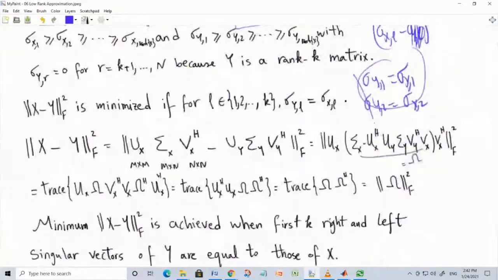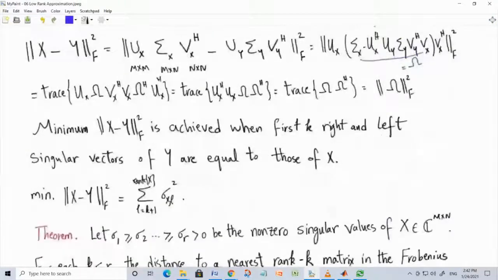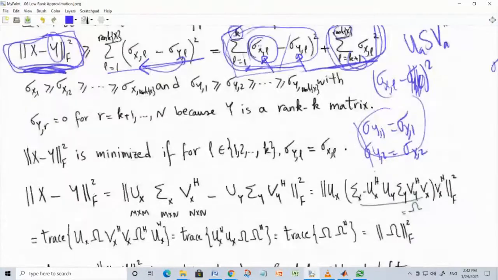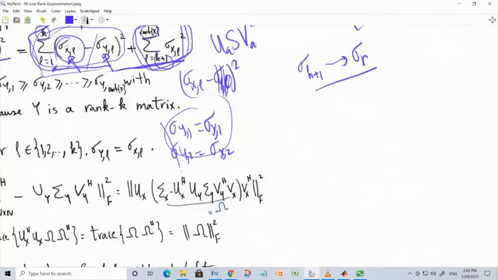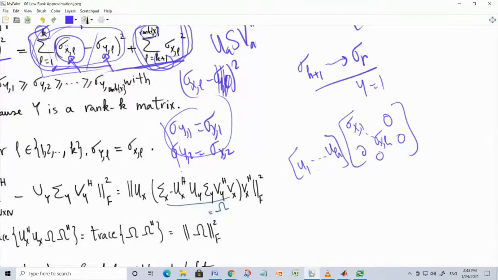I will leave the argument for you to read, but basically the idea is that you take Y, its singular values will be the first k singular values, and the remaining are zeros, and you simply take the u vectors corresponding to those k singular values, and here v1 Hermitian to vk Hermitian.